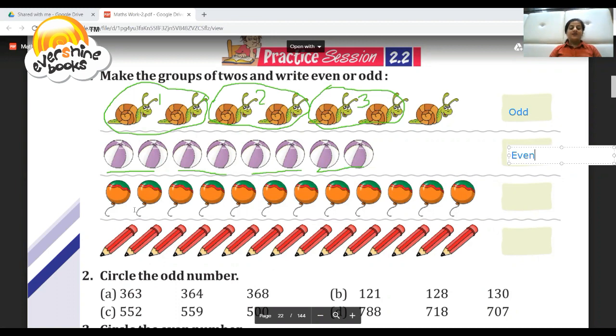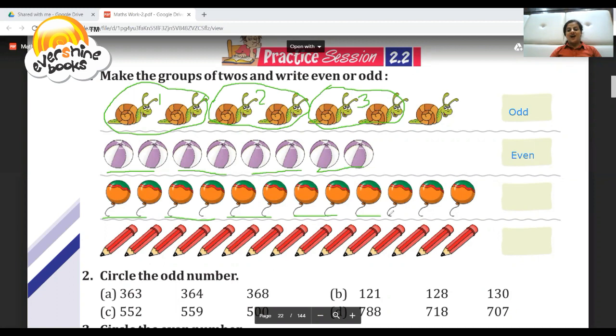Okay, students? Now they are balloons. How many balloons are there? 1, 2, 3, 4, 5, 6, 7, 8, 9, 10, 11, 12. They are 12 in number. And how many pairs? We are going to see this by drawing lines. This is one pair. This is two pairs. This is three. This is four.